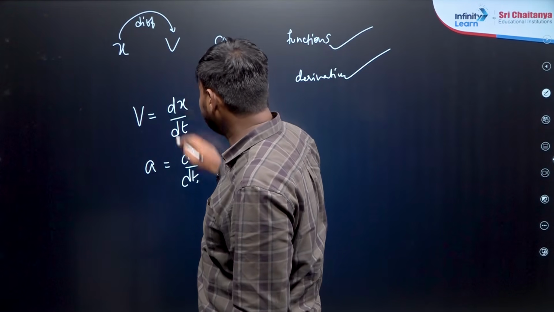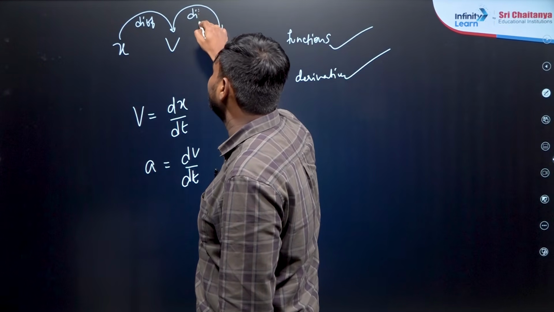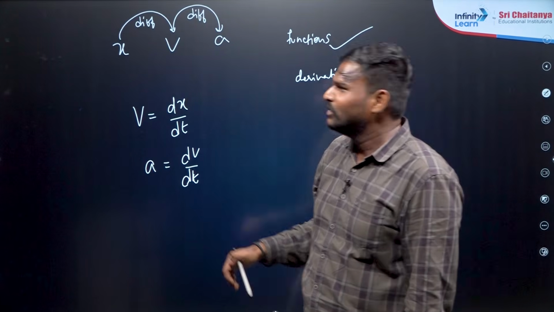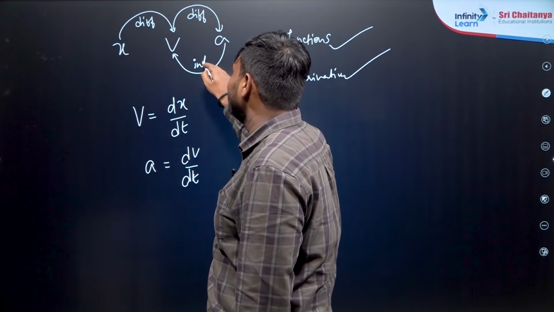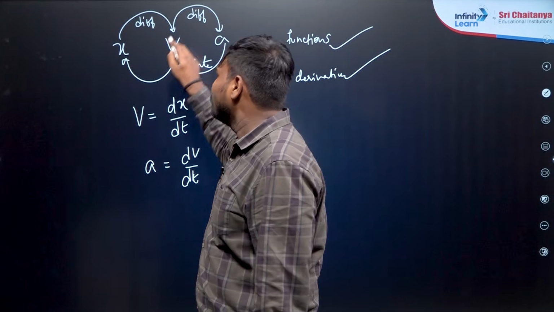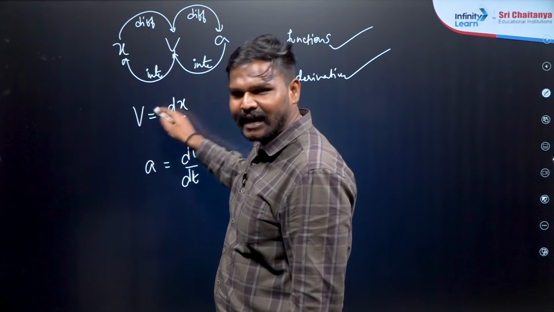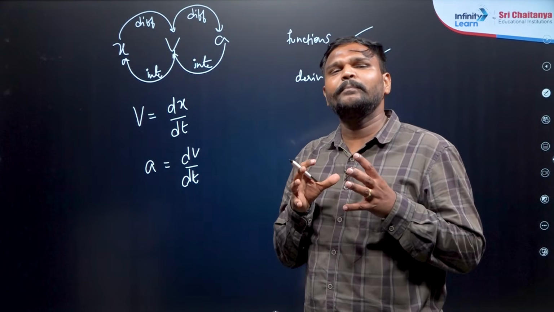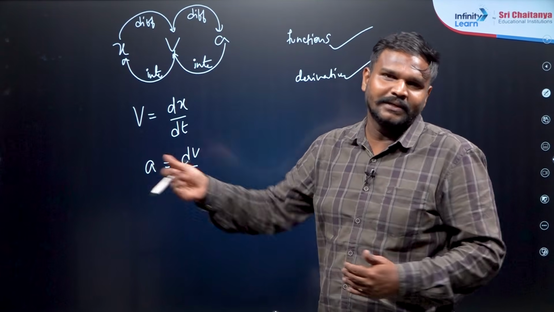So if velocity is given and acceleration is required, we will differentiate. And I told you reverse of differentiation is going to be integration. So you have acceleration and you want velocity, we will integrate. Similarly, reverse of differentiation is integration. You have velocity and you want displacement, we will integrate. So calculus is a very major part in kinematics as well as other chapters.